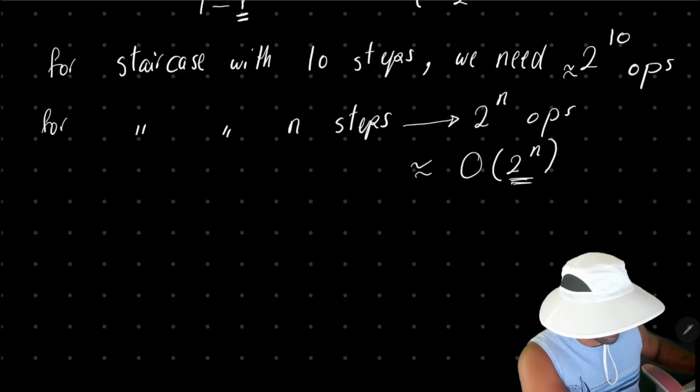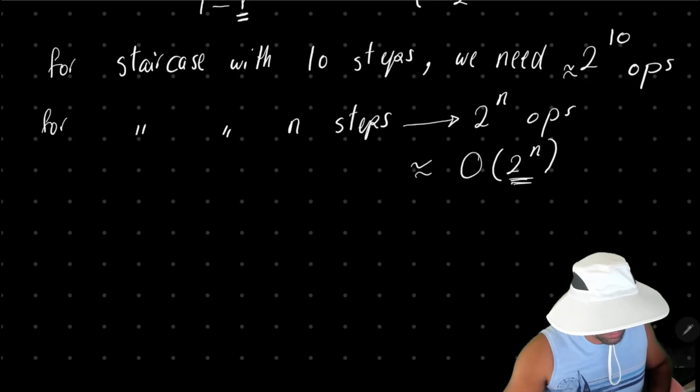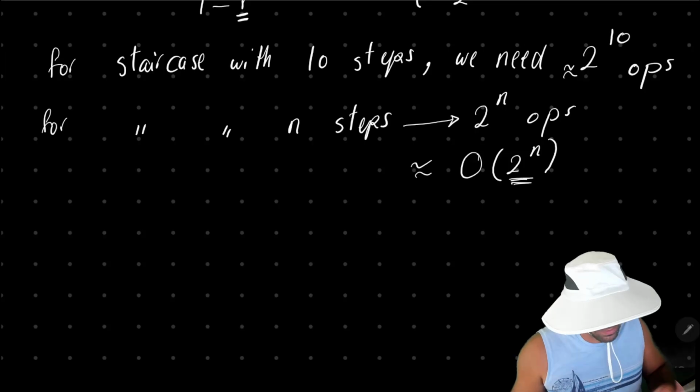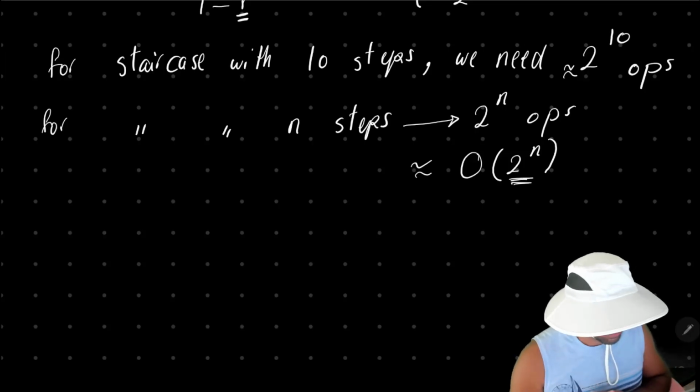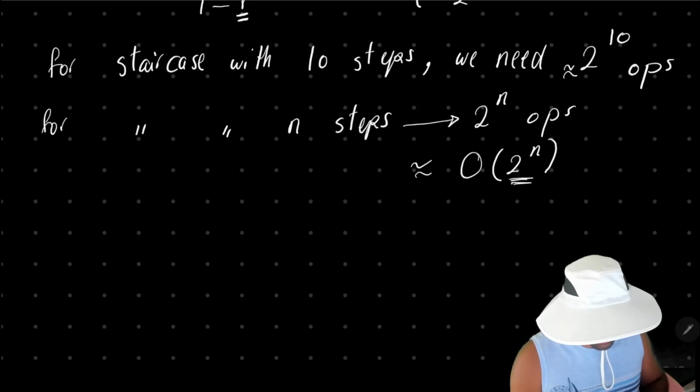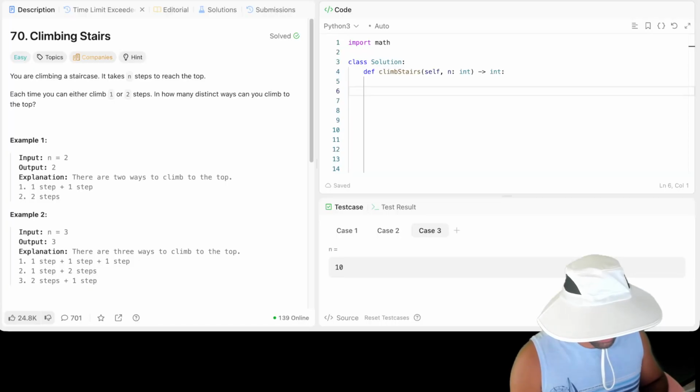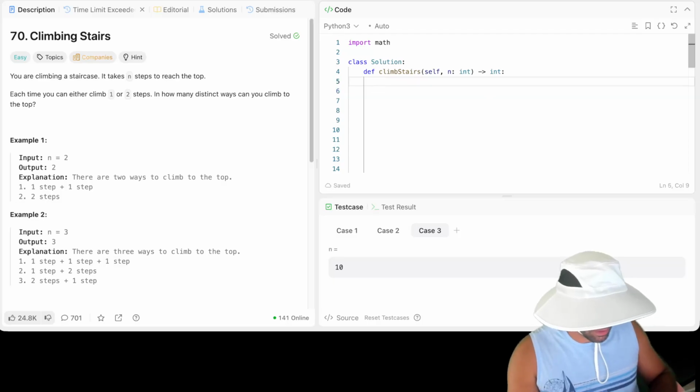Let's see how slow it is. I'm going to write some code to show you, in case you're not able to imagine that. Let's go to our editor, and do the base case. What's the base case?